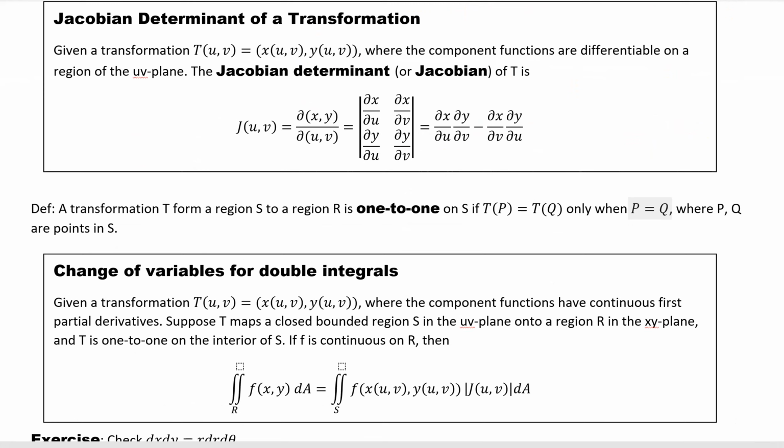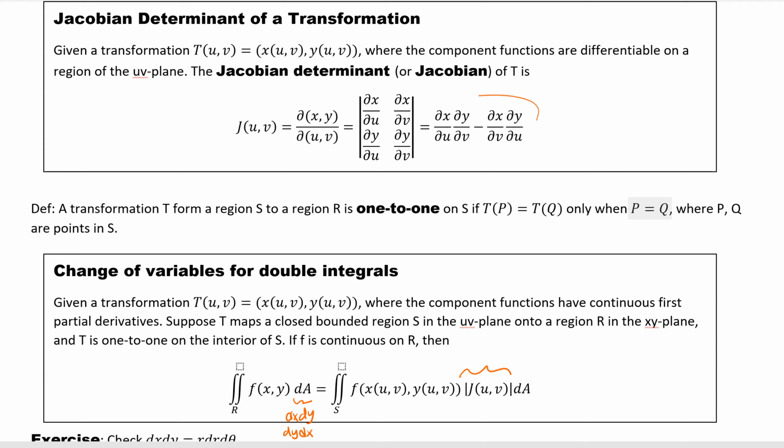Okay, if f is continuous on the region R, then we have the double integral over the region R, where this dA is either dx dy or dy dx. That equals the double integral over the region S in the UV plane of f of (x(u, v), y(u, v)), and then the absolute value of the determinant.